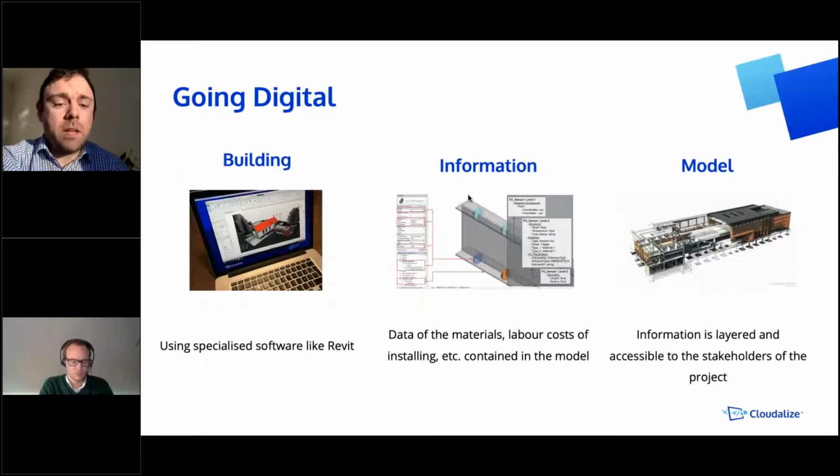Many of you already use Revit for designing and modeling. Then expand on that by having the information. And this is the I in BIM, data of the materials, labor cost of installing, etc. And then the information being layered according to the stakeholder role in the project and other sources.